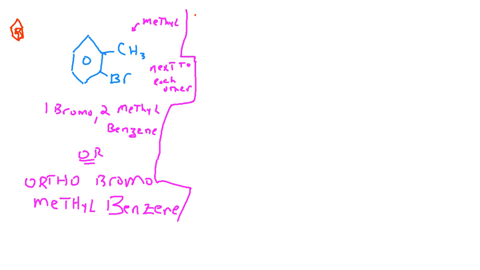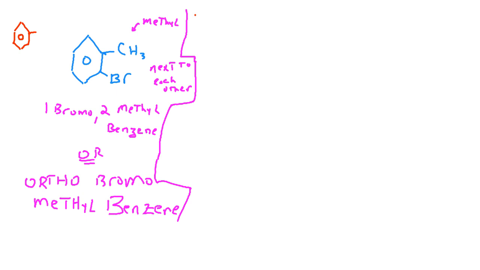Now I'm going to erase that and try to make it a little neater, okay? Because that looks like someone on drugs. Forgive me for my artistic lacking here. So we said CH3.